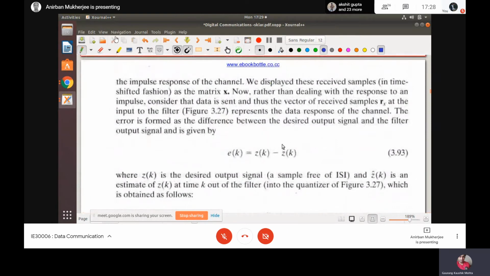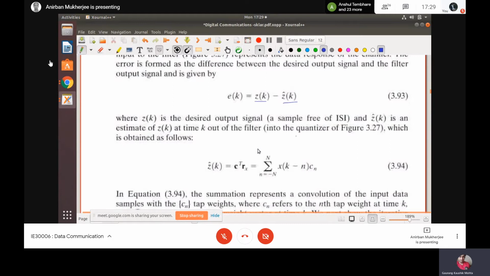I have Z_k, which is my desired output signal, a sample free of ISI, and Z hat k is an estimate of Z_k at time k out of the filter. How to do the LMS filter initialization and so on, I am not talking about at this point.